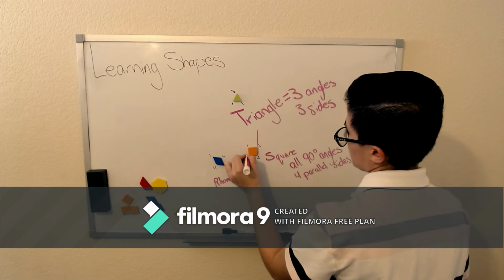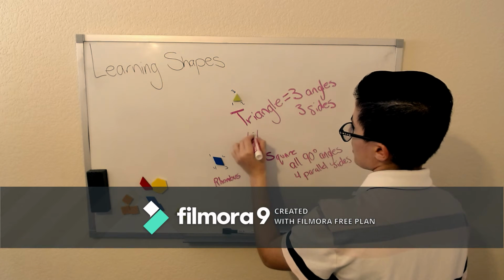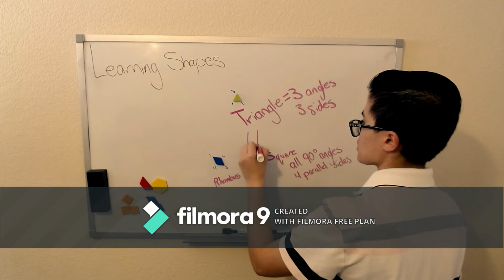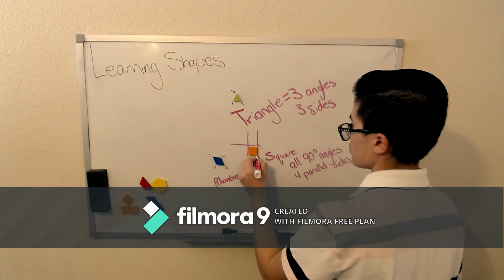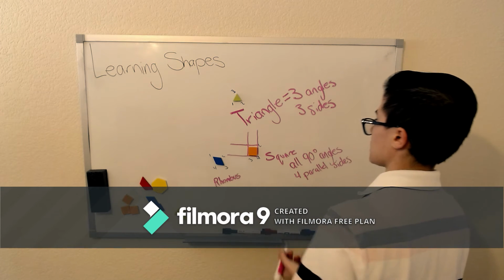So if you go up on this one and up on this one, these 2 sides will never touch. And if you go that way with both of these, 2 will never touch.